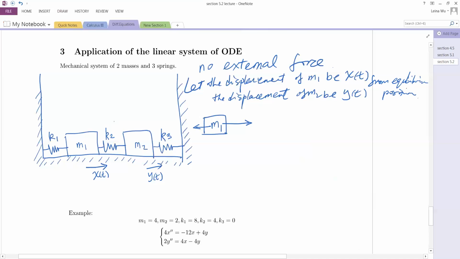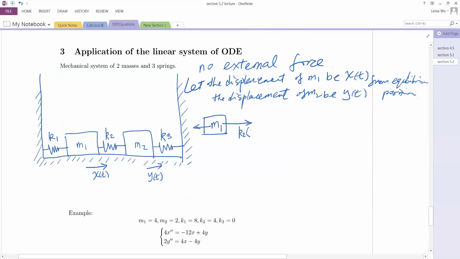Now, the force coming from the second spring should be similar to what we discussed last time. It should be the spring constant K2 times how much this spring has been stretched or compressed, right? M2 has been moved to the right by y. At the same time, M1 has been moved to the right by x.